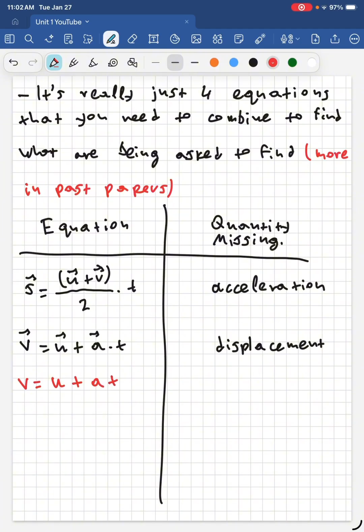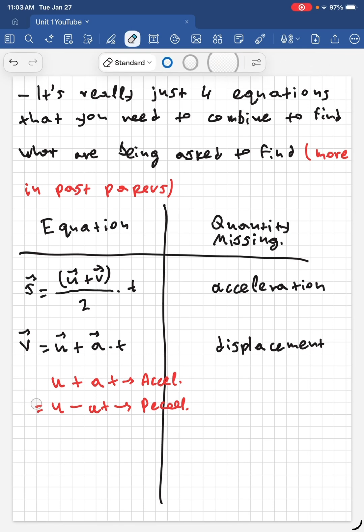But it is implied that if we are dealing with deceleration, we have to use this equation as u minus at, okay? So in this case, the object is accelerating, and in this case, the object is decelerating, okay? But let's move on.